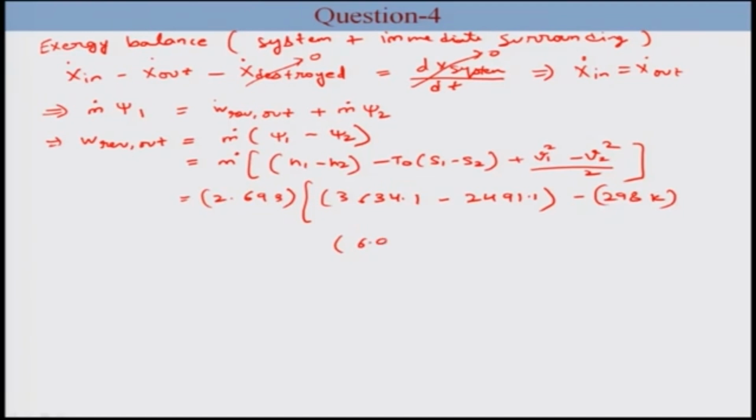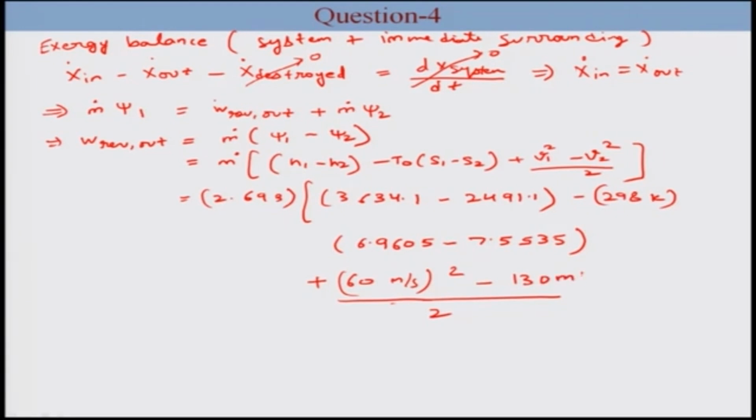So s1 is 6.9605 minus s2 is 7.5535, plus the inlet velocity in meter per second squared minus 130 meter per second, the velocity at the exit, squared, divided by 2.